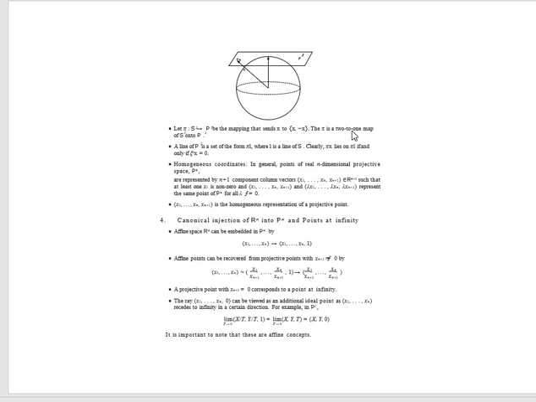Then pi is a 2 to 1 map of S squared onto P squared. A line of P squared is a set of the form pi of L, where L is a line of S squared. Clearly, x lies on pi of L if and only if this condition holds. So that is related to the projective geometry.